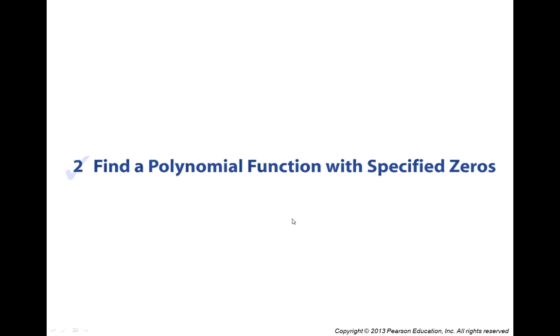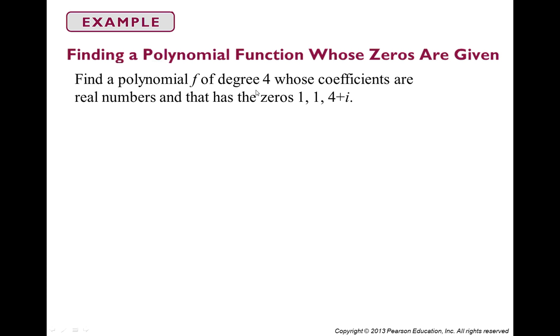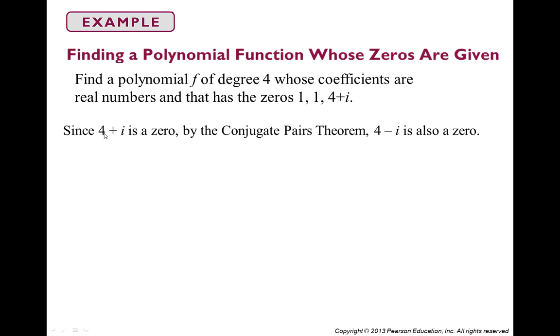All right, we're going to find a polynomial function with specified zeros. This is exciting. So we have a degree 4. The coefficients are real, and the zeros are 1, 1, and 4 plus i. We need to find our other zero. Since 4 plus i is a zero, 4 minus i is also a zero.